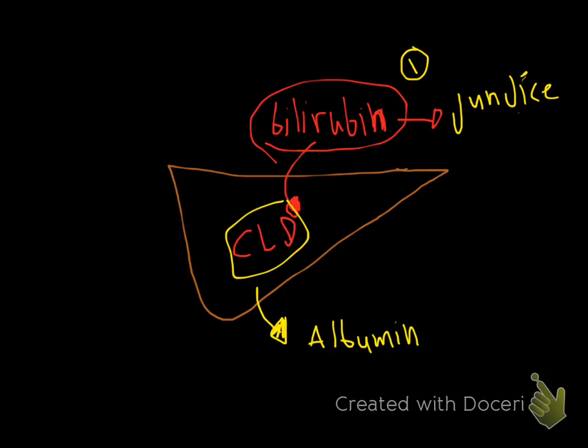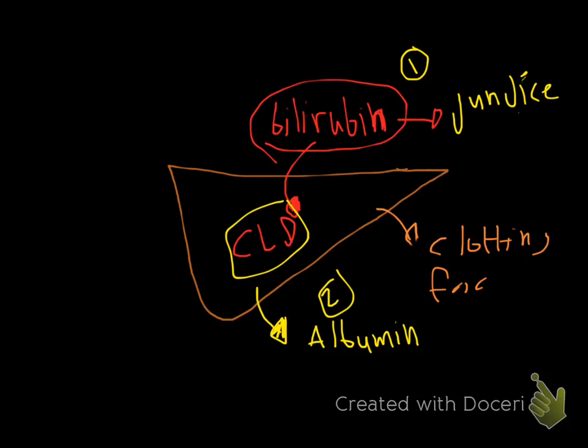The third function of the liver is synthesizing coagulation factors, or just say clotting factors, which is easier.